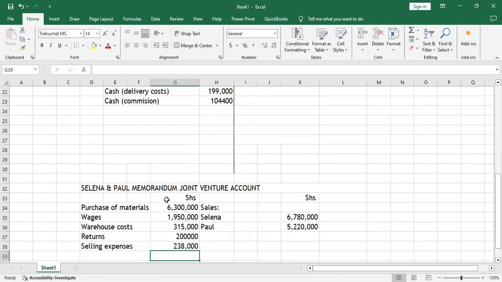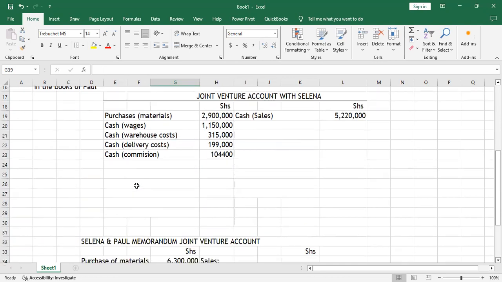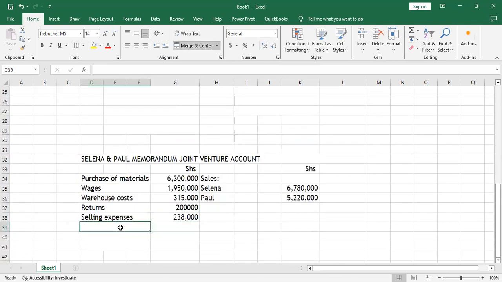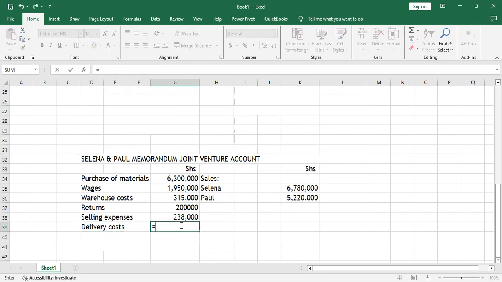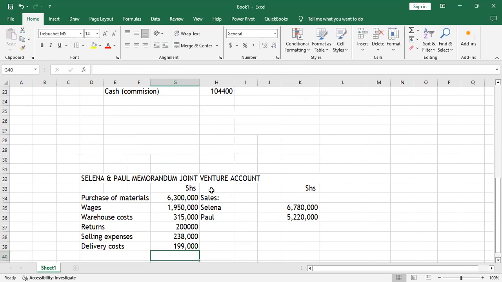Selling expenses. Then we have the delivery costs. Delivery costs. How much? 199,000. So have that also.